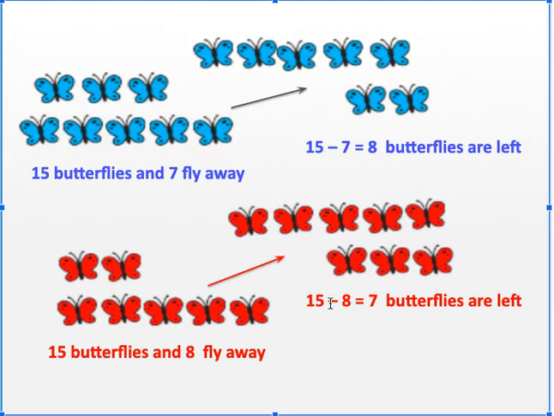On the other hand, if there are 15 butterflies in the garden and 8 fly away, that becomes the subtraction problem. 15 take away 8, there would only be 7 butterflies left. So for subtraction, order does matter.